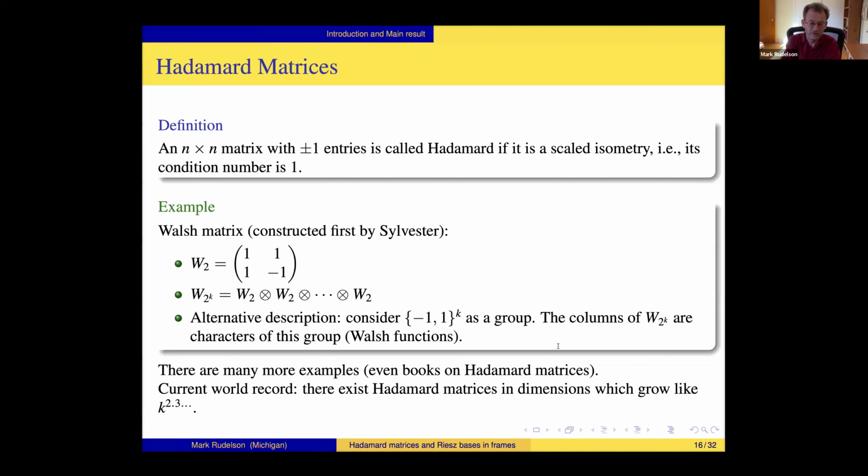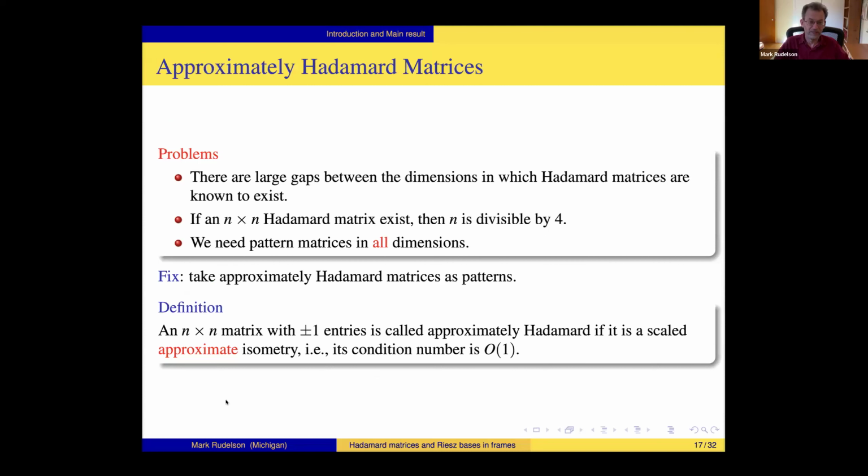And the current world record shows that Hadamard matrices exist in dimensions which grow not exponentially in k, like in the Walsh case, but polynomially in k, and the smallest power of the polynomial is 2.3 something. But for us, this is not enough. We want such a matrix in every dimension. And so the known constructions do not allow this.